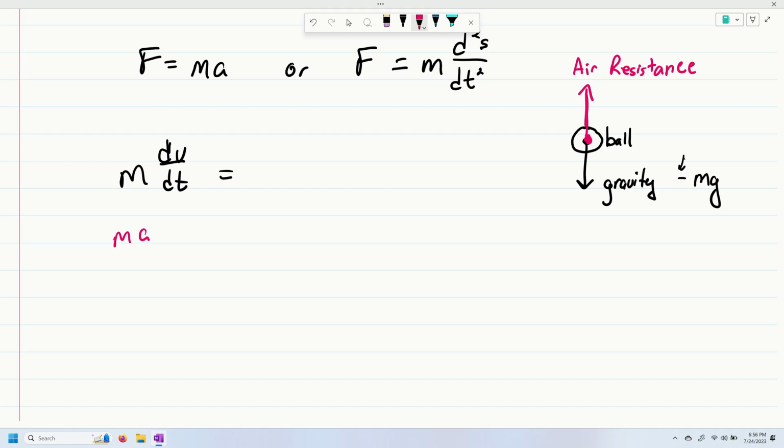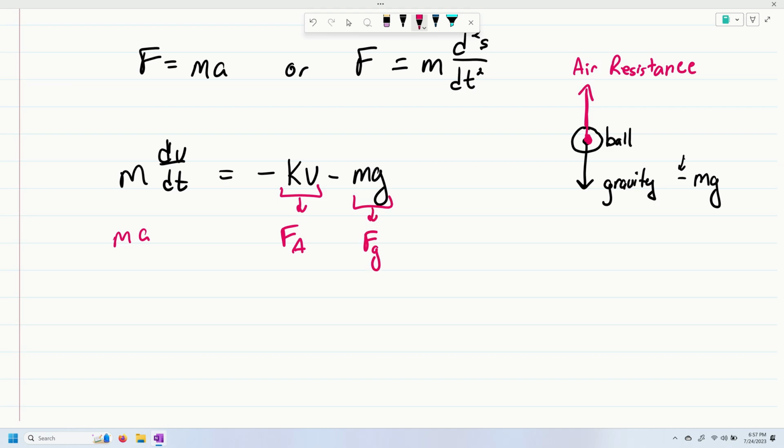So, on the right-hand side, instead of writing F, I'm going to write the sum of the forces. We get negative kV minus mg, where kV is the force of air resistance, and it's operating opposite of the force of gravity.